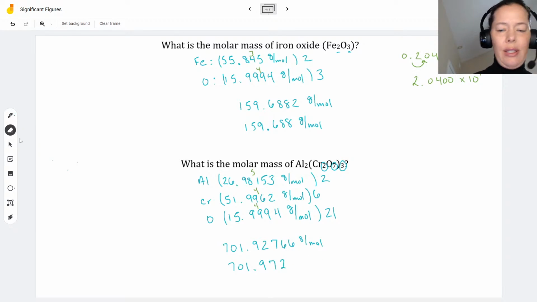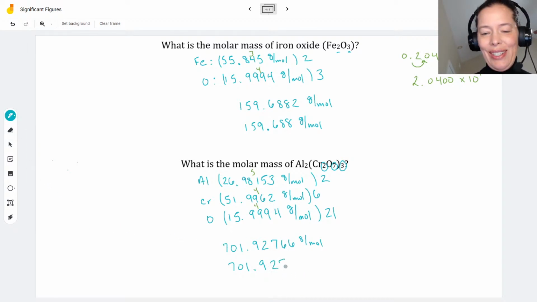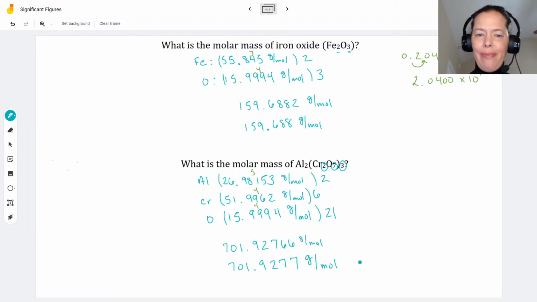Oof, I'm mixing up all my numbers tonight. 701.277 grams per mole. Yes, and that's 4. I'm just miscounting. Apparently I need some coffee tonight.